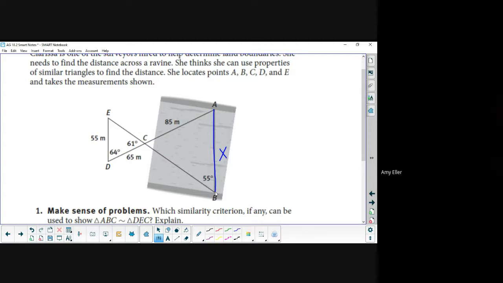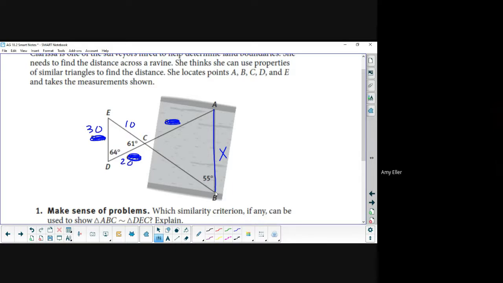So here's what she does. She sets up a similar triangle and then does a measurement. Set your pencil down. I'm going to make up some easy numbers for you to get an idea of what's happening, and then we'll work with the actual numbers. Let's pretend that the distances are 10, 20, 30.